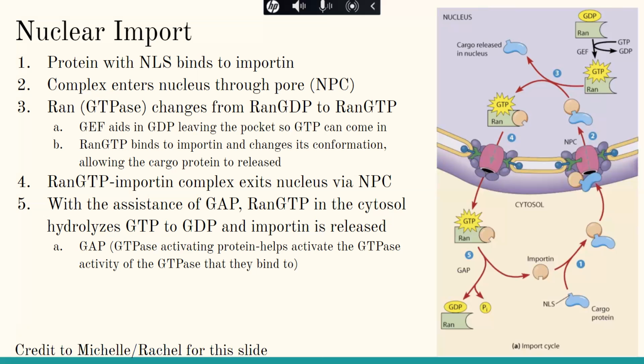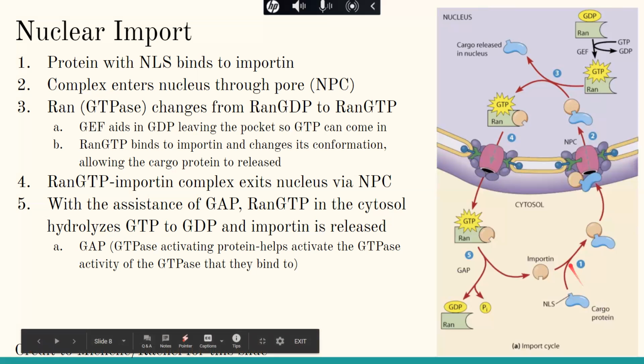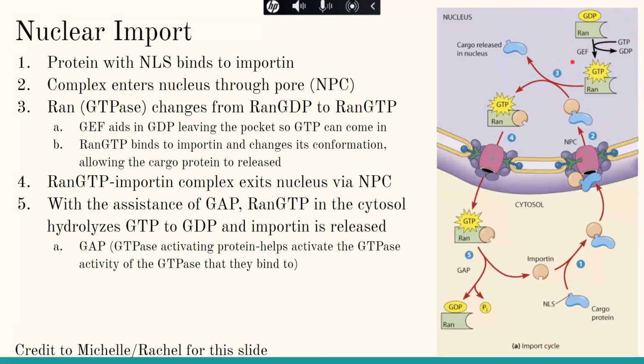I'm not entirely sure. That's okay. We'll talk about GPCRs pretty soon. But for now, I would just try and remember that RAN GEF is in the nucleus. I don't think it's what you're talking about. I think that's something different. Okay, thank you. Yeah, no problem.